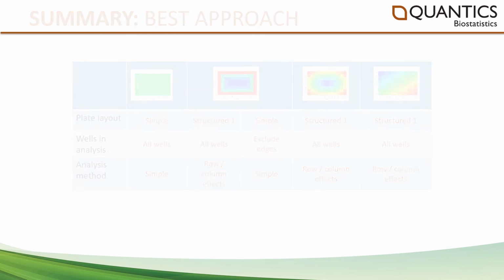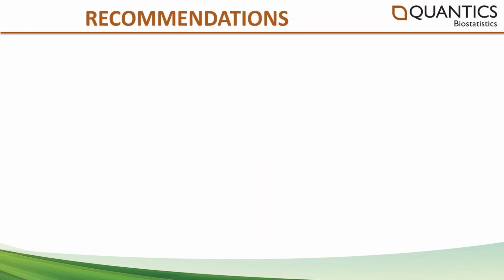So to conclude, we have some recommendations. The first thing we would propose is that before you decide how to design your assay, you assess the background on the plate using a heat map, which I think lots of people do anyway.